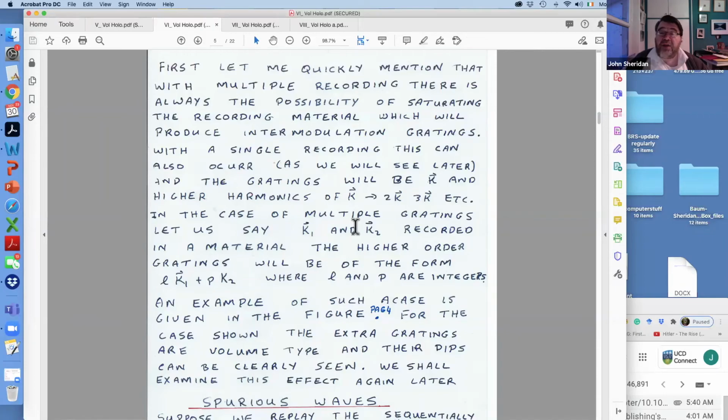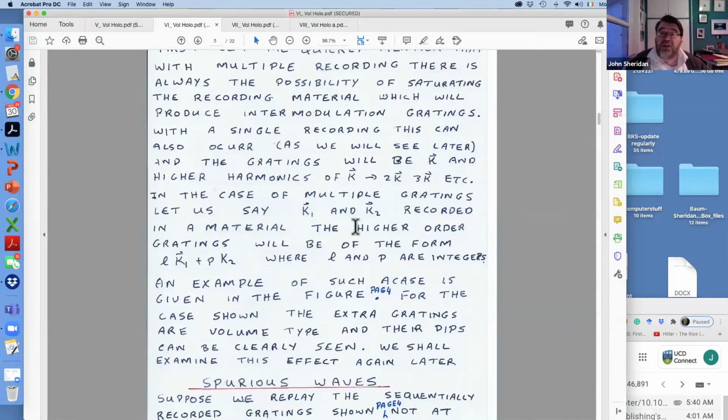We may argue that there's very little intensity in the beams recording those spurious gratings, but we can still have appreciable wasted dynamic range. For example, in the boundary case, we were trying to record a single grating, and we ended up recording 6. Even if 1% of the dynamic range is going into each of the others, we've wasted 5%. Fundamentally, there's going to be a limit to what we can achieve in that type of situation.